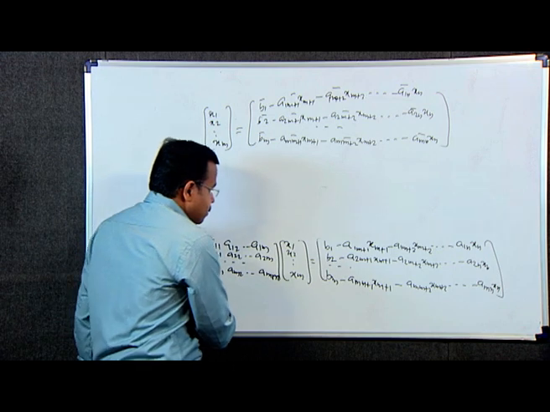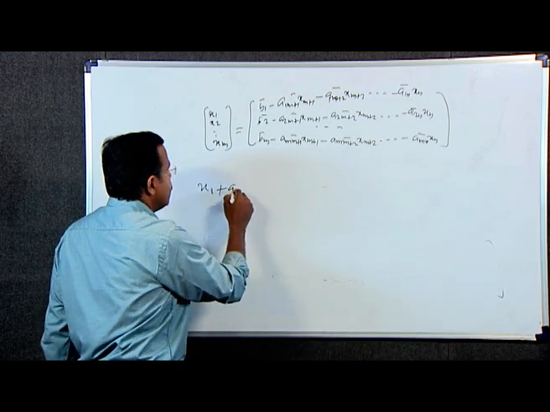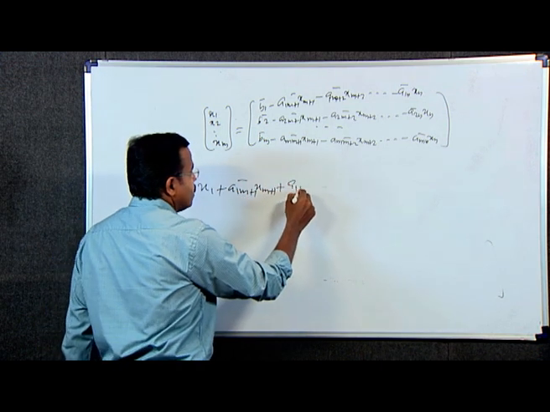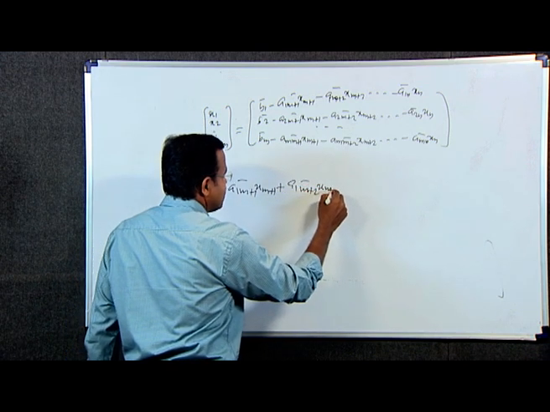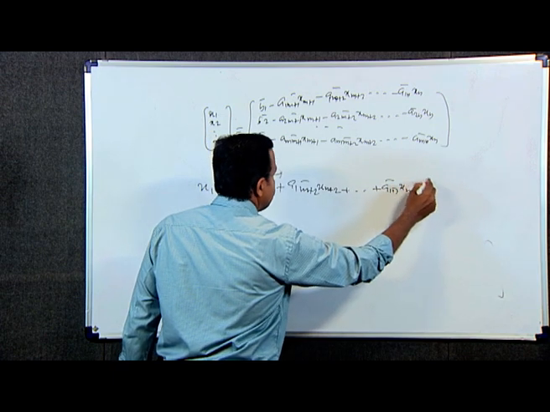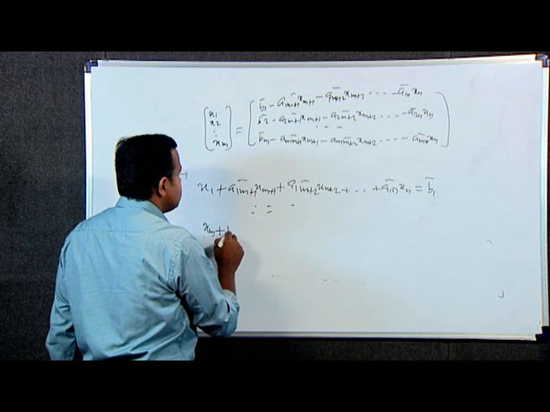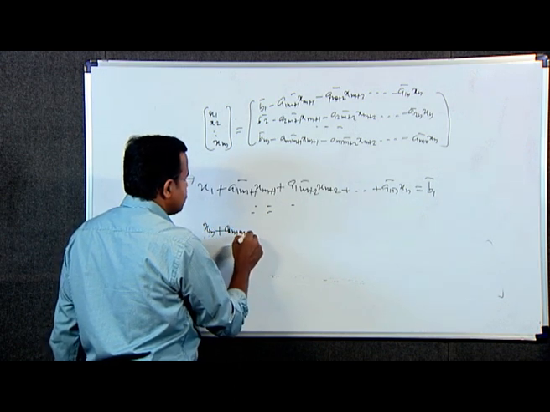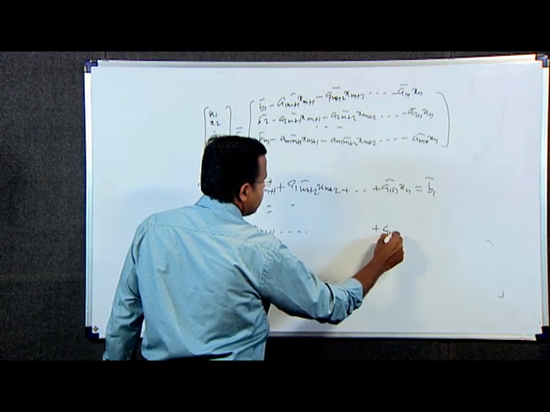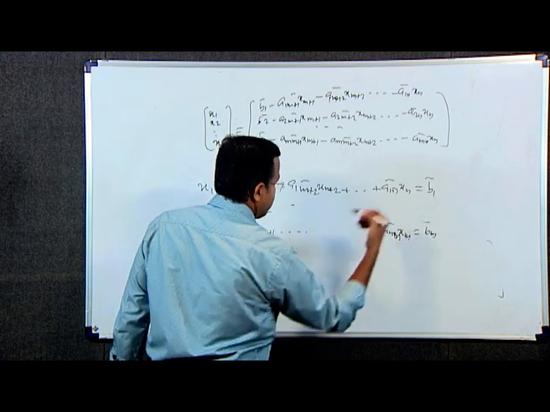So, you can write that form as x1 plus a1 m+1 bar x m+1 plus a1 m+2 bar x m+2, etc., plus a1n bar xn equal to b1 bar, and in the same way the last equation, xm plus am m+1 bar x m+1, etc., plus amn bar xn equal to bm bar.